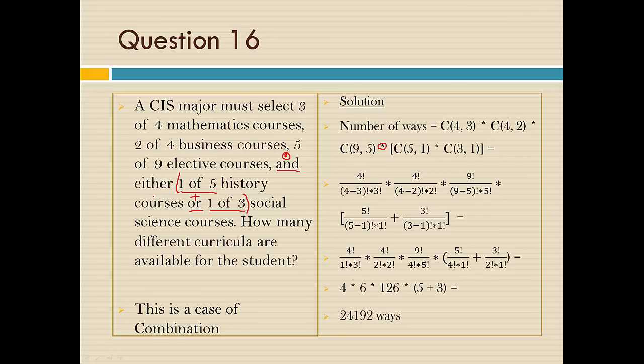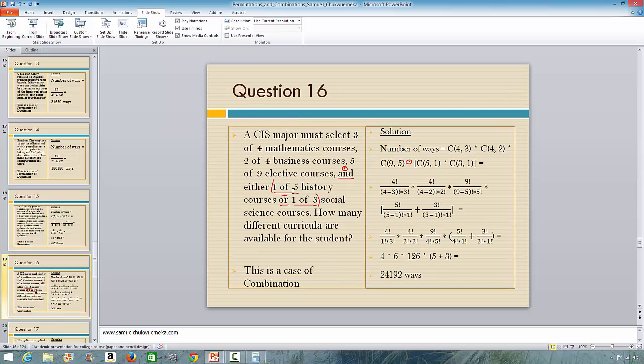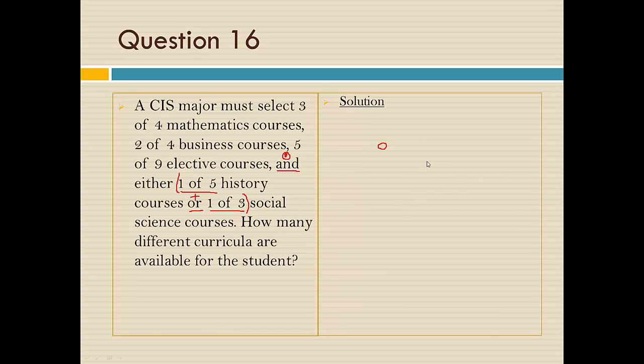or 3 combination 1. I'm sorry again, this should be plus. You see I put times here, so let me go and change it right away. So this is a plus here. Thank you for following me on this.